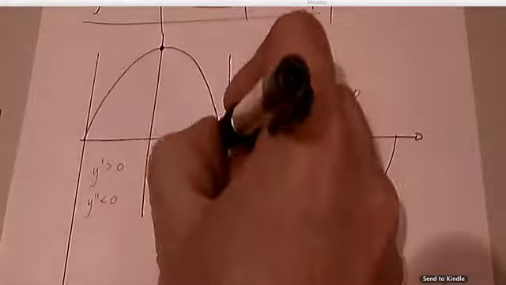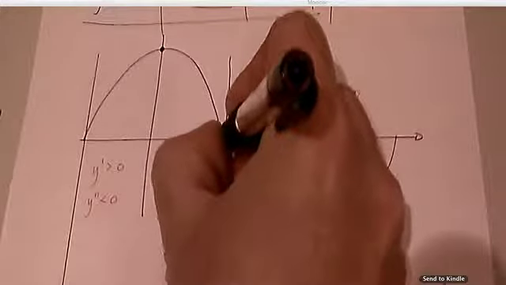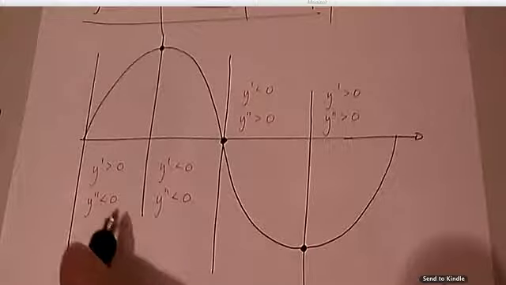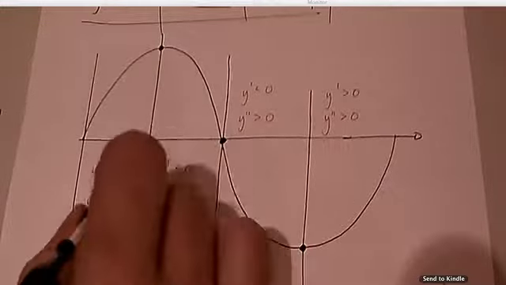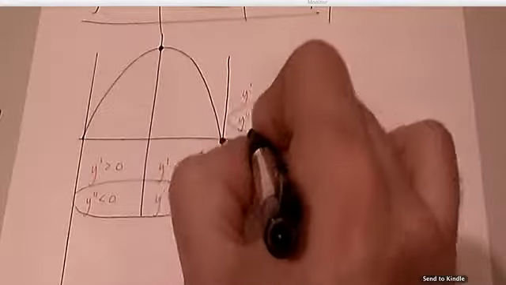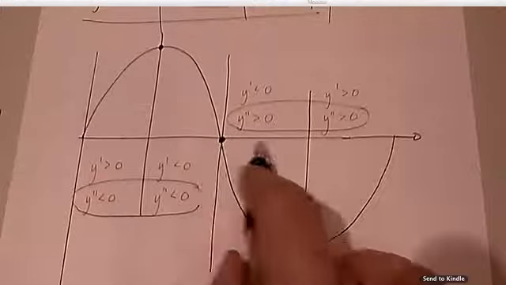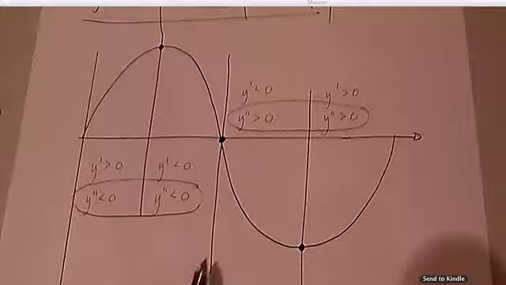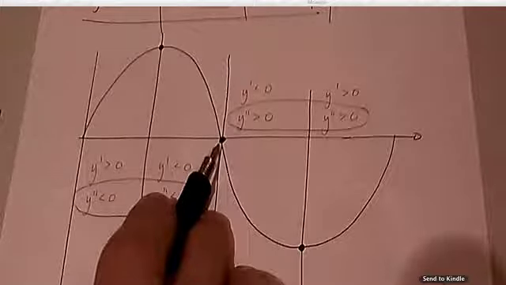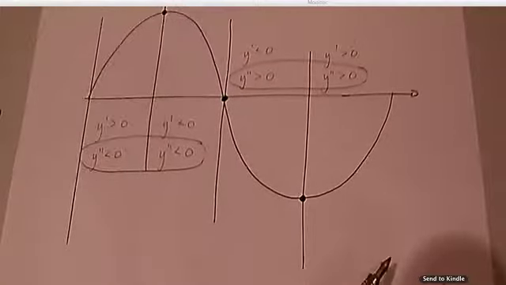Well, what do you call this point right here where the acceleration changes sign? Notice that from 0 to pi, the acceleration remains negative for that whole interval, and from pi to 2 pi, the acceleration remains positive. There actually is a special name for that particular point. It's called a point of inflection.